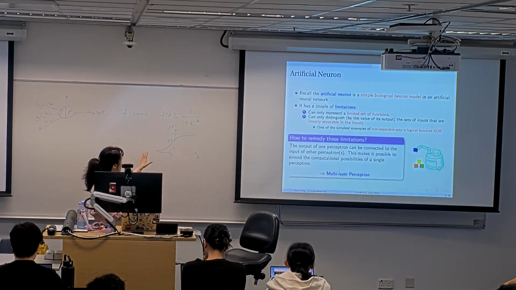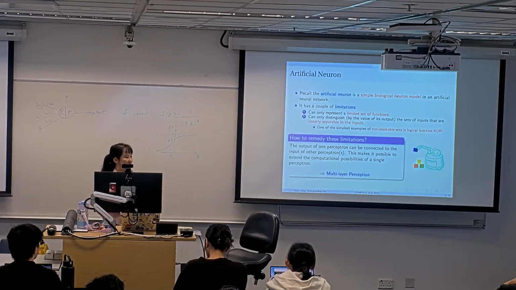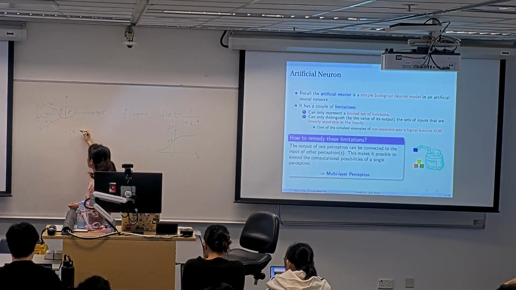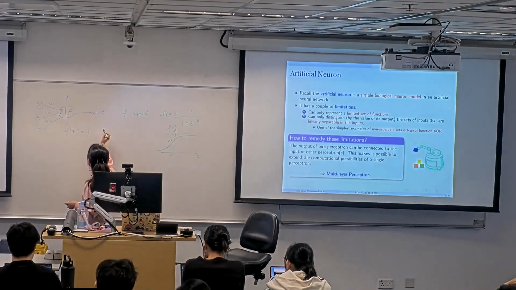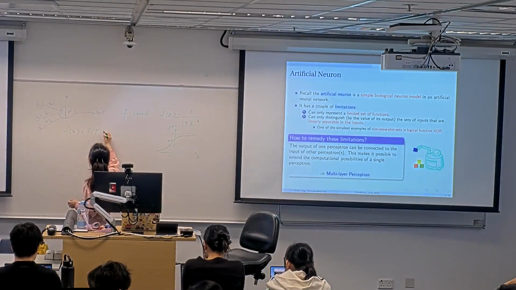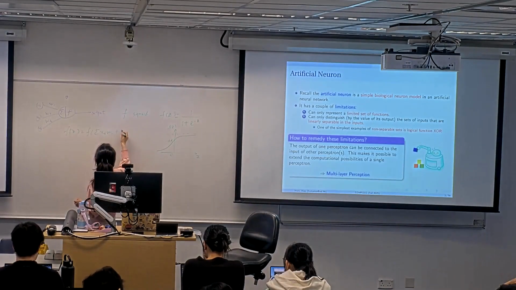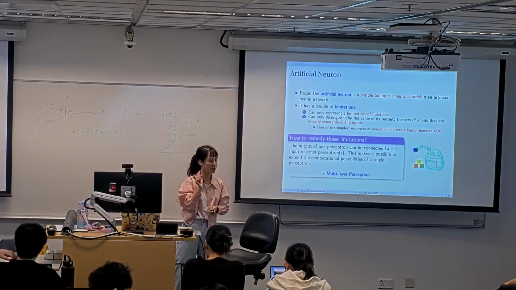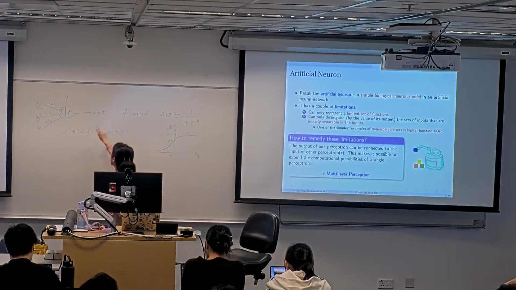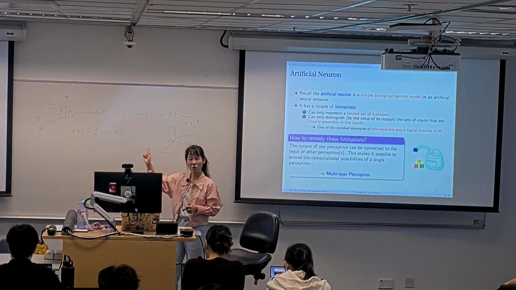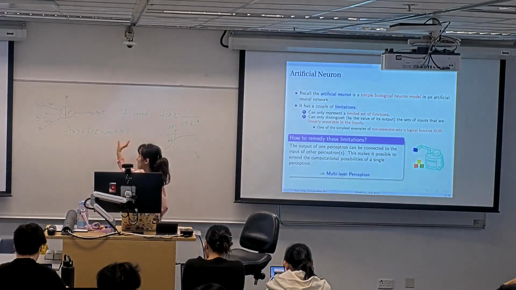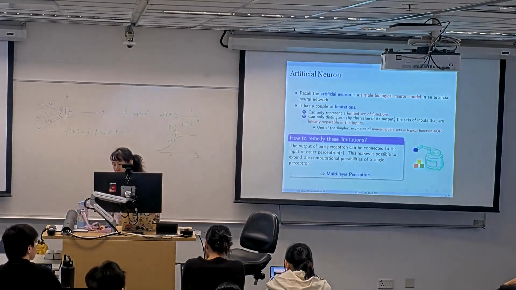Then let's check what is this f(z). f(z) is f of the weighted sum, that is, f of the sum of x_i times w_i plus theta. So the intrinsic decision boundary is that we check whether this linear sum is larger than 0.5 or not, if we want to use it to do binary classification.